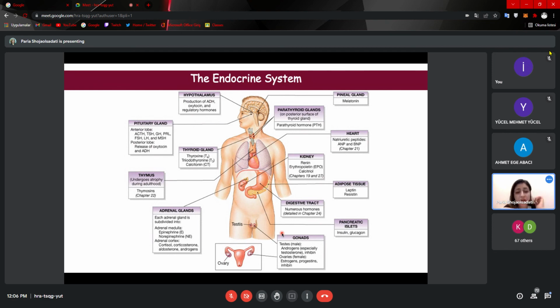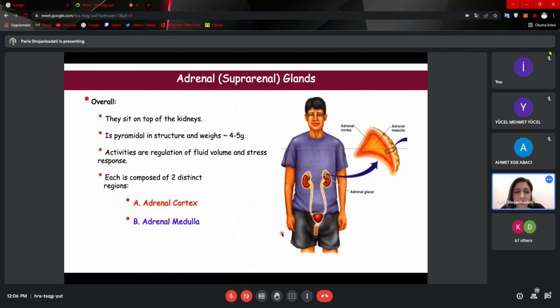The adrenal cortex releases different hormones, for example, cortisone, corticosterone, aldosterone, and androgen are the hormones secreted from the adrenal cortex, and the adrenal medulla is a part of our nervous system. For this reason, it secretes epinephrine and norepinephrine. Let's take a look at this organ. Overall, they sit on the top of the kidney, as you see in this photo.